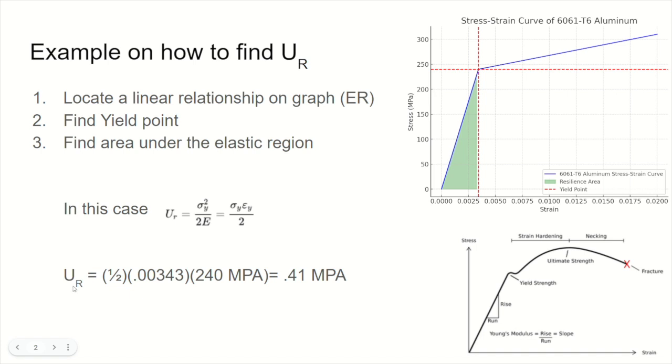So UR equals 1/2 times 240 times 0.0034, 240 being the yield point and 0.0034 being the elastic region strain, which can be defined as 240 divided by 70,000 megapascals. So given that, UR equals 0.41.